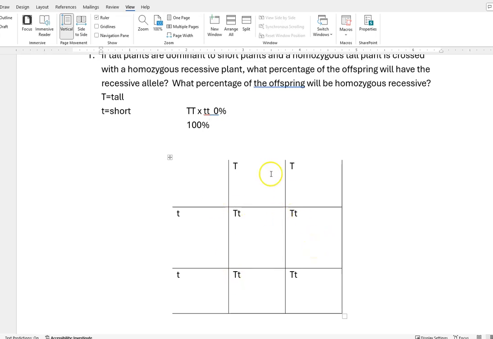If we are asking what percent of the offspring have a recessive allele, this one has a recessive, this one has a recessive, this one has a recessive, and this one has a recessive. So it would also be 100% in that case.